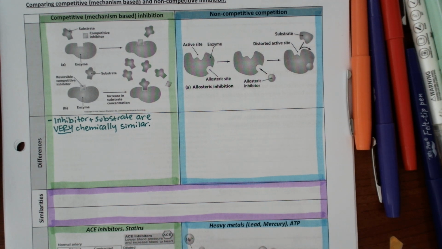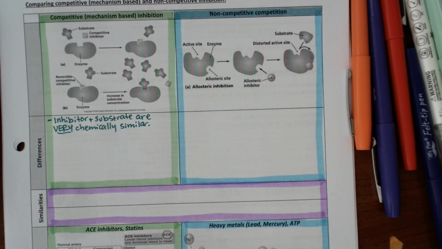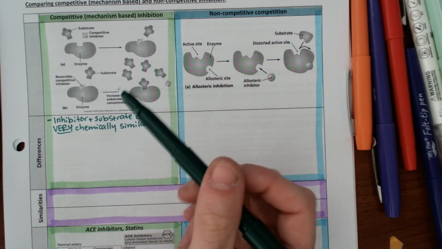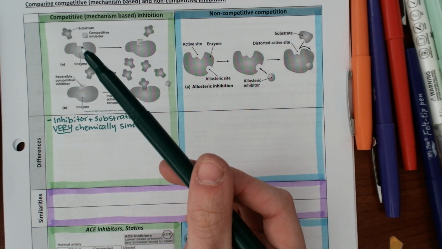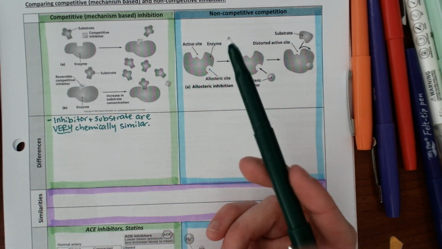Remember that they have to go to the same active site, and a lot of how your active site is paired with its substrate is through those chemical similarities. Your inhibitors that are going to go into your active site and compete with that substrate need to be very chemically similar so that they can bind to that same active site.